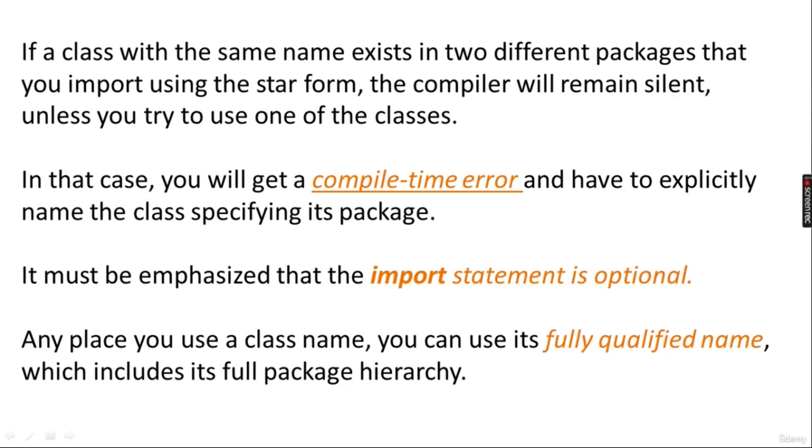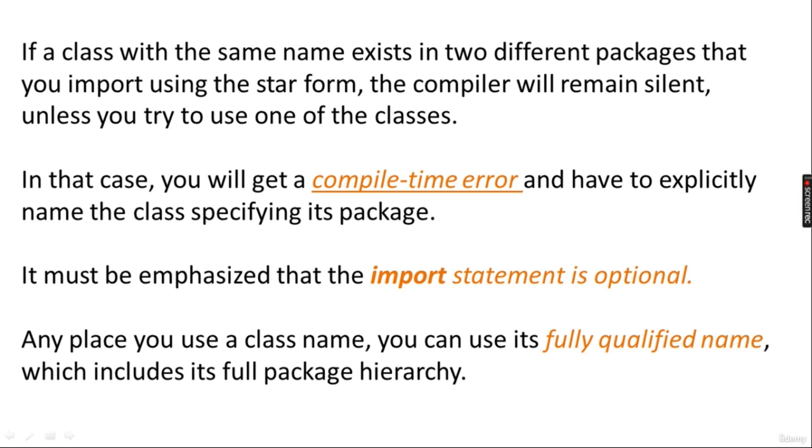If a class with the same name exists in two different packages that you import using the star form, the compiler will remain silent unless you try to use one of the classes. For example, if you are trying to use a class from package ABC and package EFG, and both have the same class name, and you want to use it in your own class, then unless and until you use that particular class, which exists in both ABC and EFG, the compiler will remain silent.